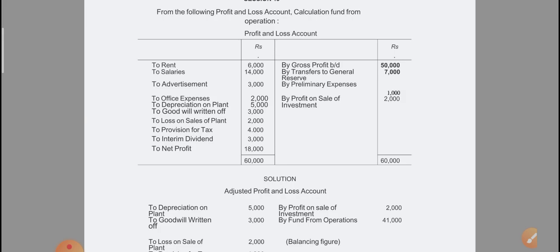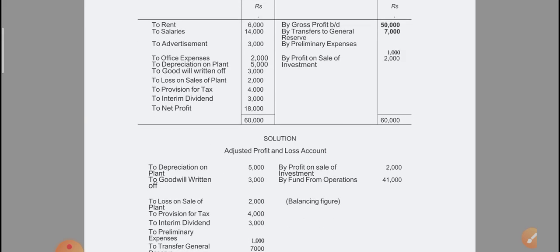Similarly here also, with the same rules, we can prepare the adjusted profit and loss account. So here, what we have to take at the adjusted profit and loss account.